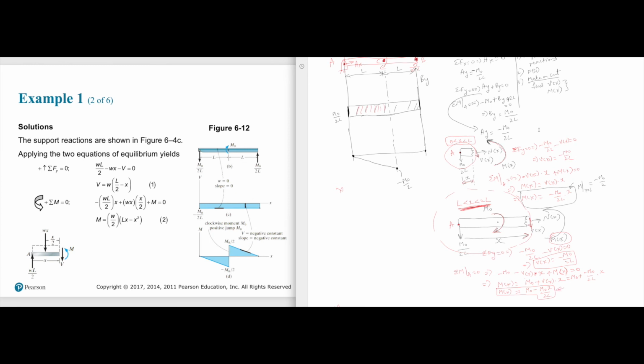We get M naught minus M naught over 2, which is M naught over 2.